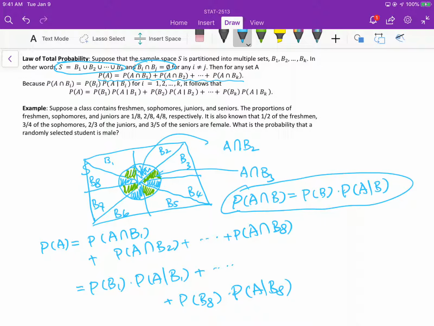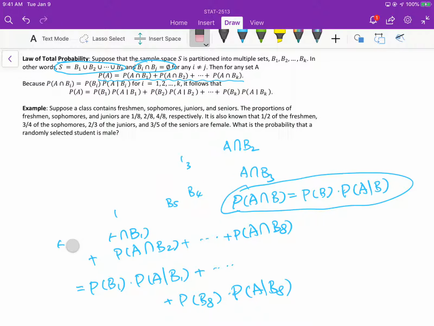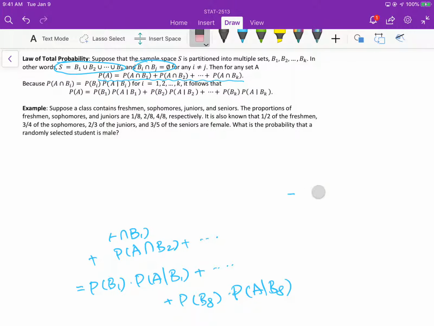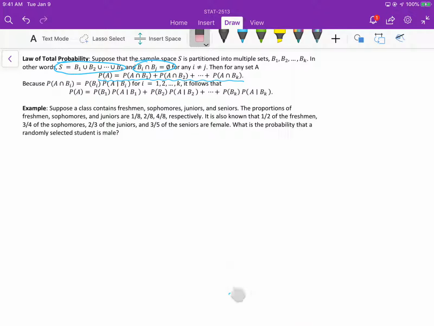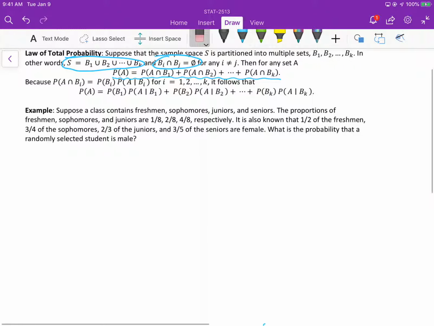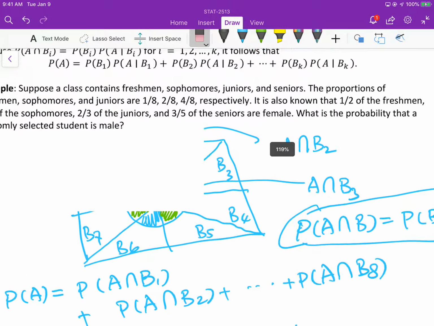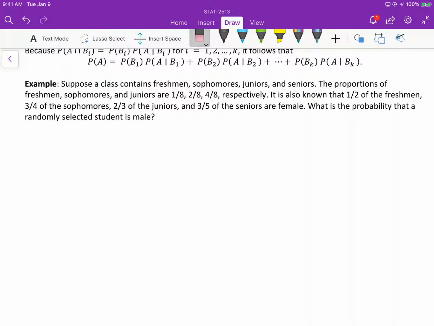So let's look at this example. Let me erase everything first. Suppose a class contains freshmen, sophomores, juniors, and seniors. Usually for this type of problem, it is convenient if we can draw a diagram. Let's try to draw a diagram for a student.